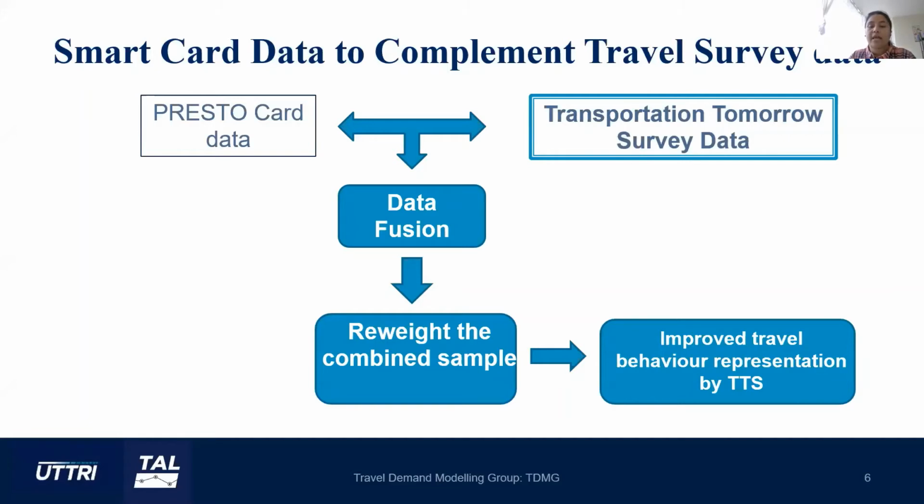But we have some missing information in the Presto data. So we can fuse these two sources of information and infer the missing information, which would give us a more detailed representation of transit demand than the TTS, both spatially and temporally.